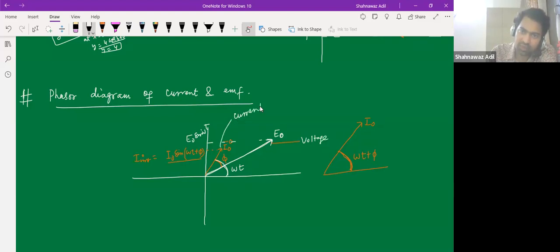With the help of the phasor diagram, we can clearly see that this is E naught making omega t angle, and this current is phi angle ahead, right? The angle difference is called the phase difference. So the phase difference between current and voltage would be phi.